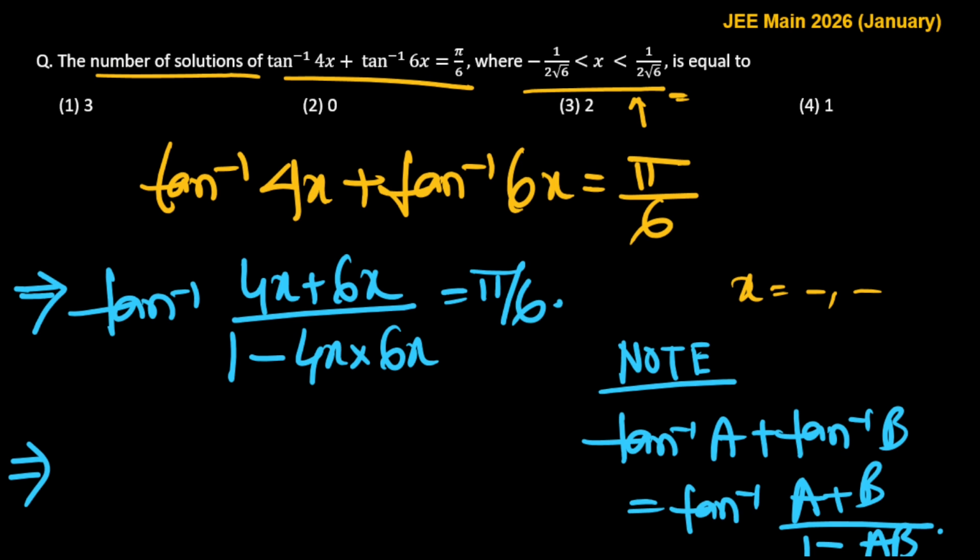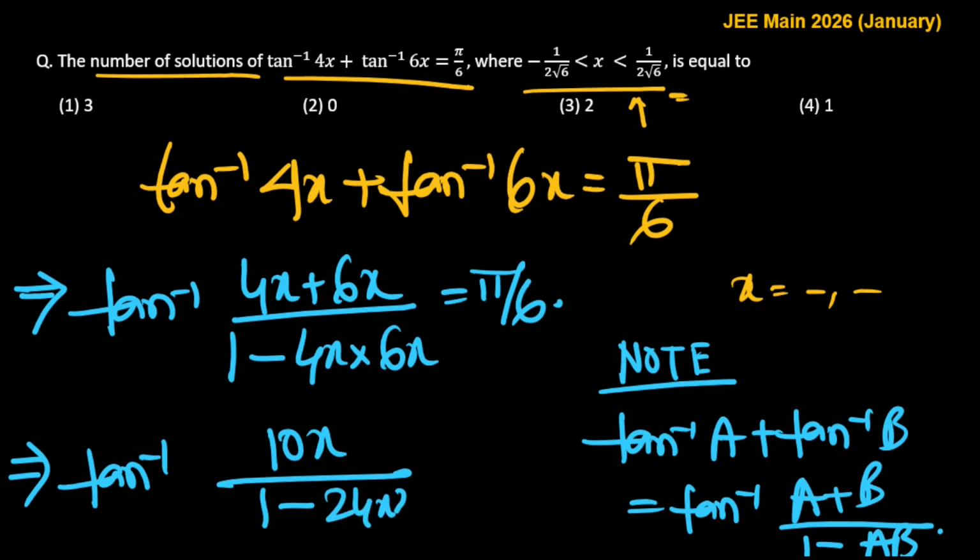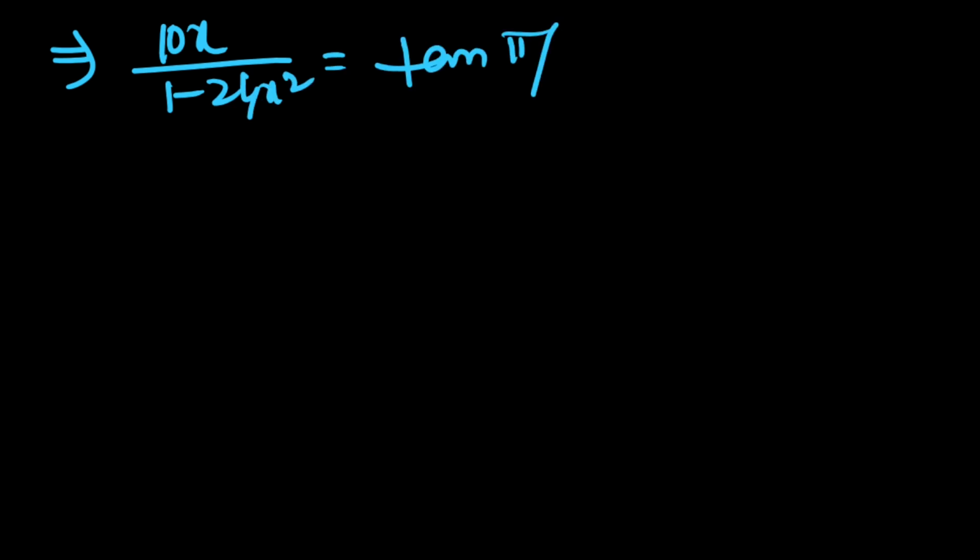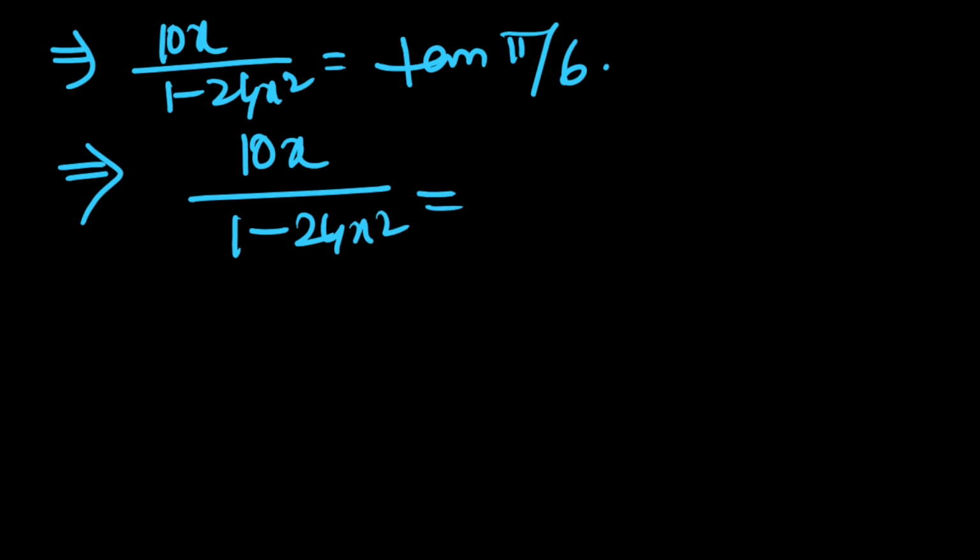Therefore we simplify it: tan inverse of 10x over (1 minus 24x square) is equal to pi by 6. Now we take tan on both sides, so we get 10x over (1 minus 24x square) is equal to tan of pi by 6, and tan of pi by 6 is equal to 1 over root 3.